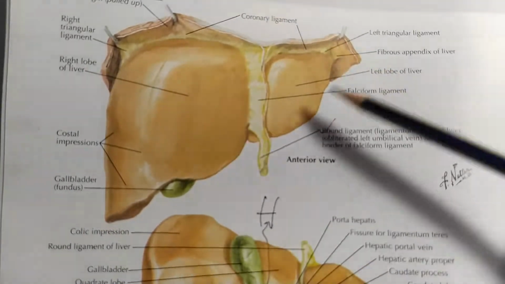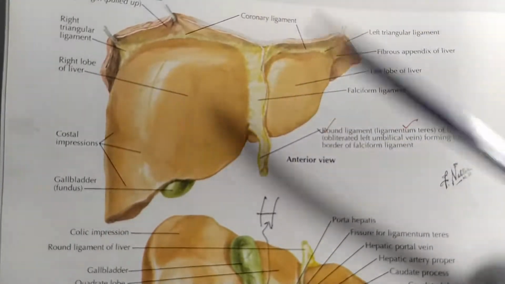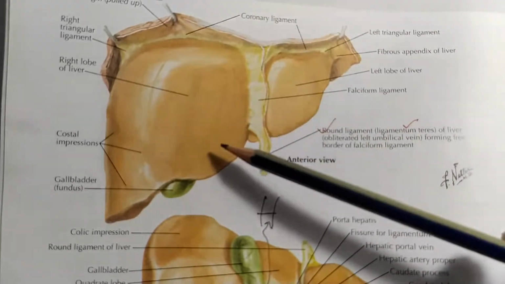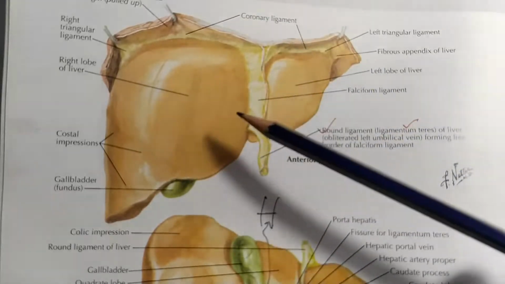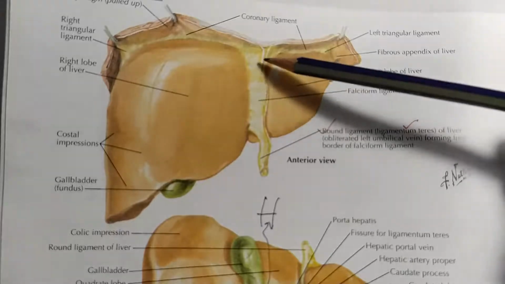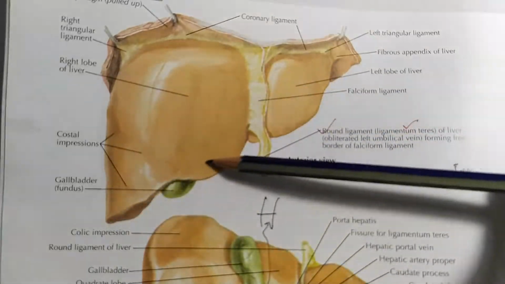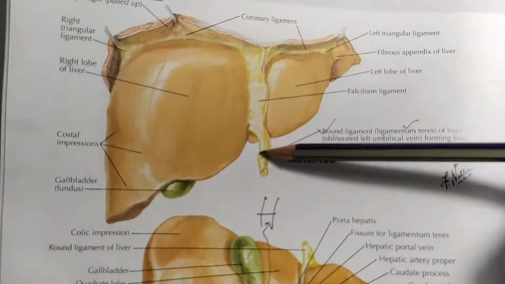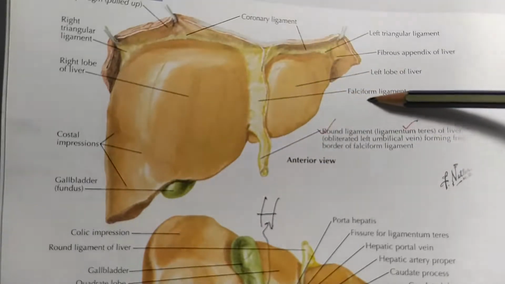Now here you can see some ligaments on the anterior surface, which divide the liver anatomically into 2 areas. This is the right lobe of the liver, and this is the left lobe of the liver, which are divided by the ligament called the falciform ligament.